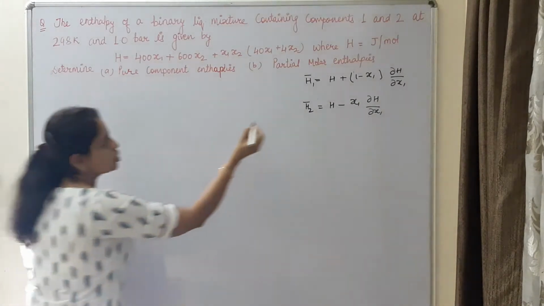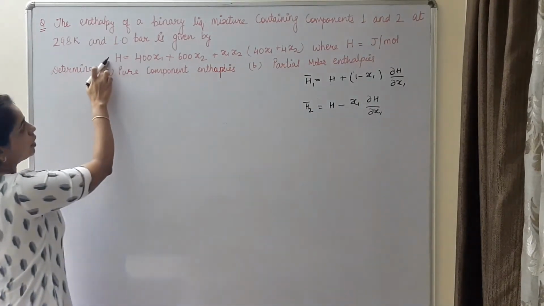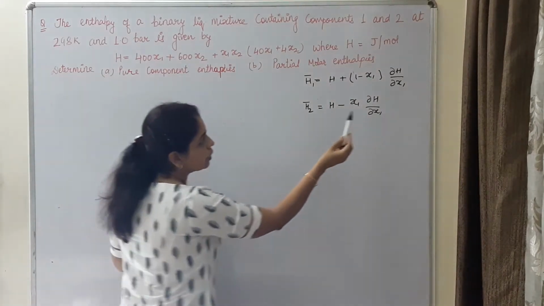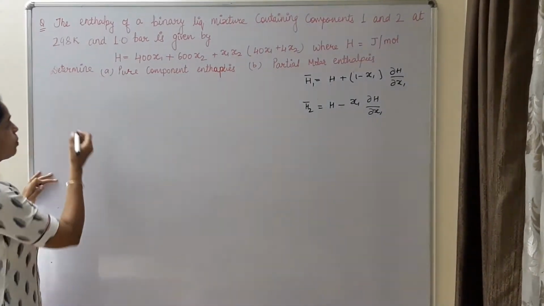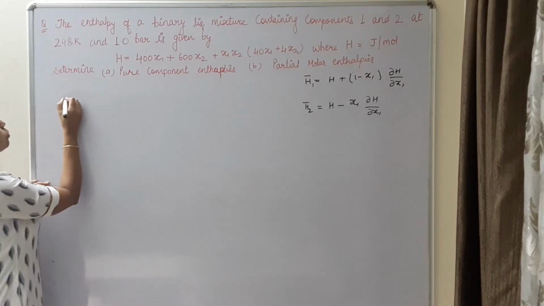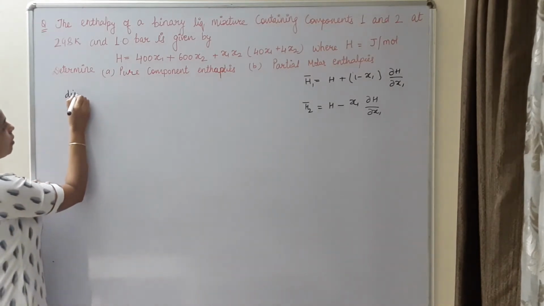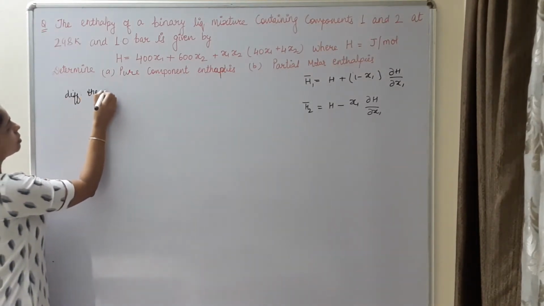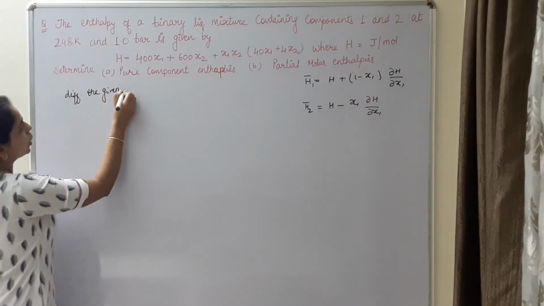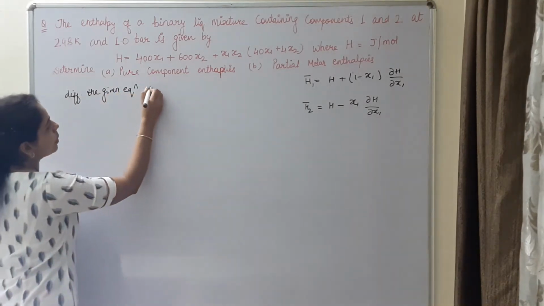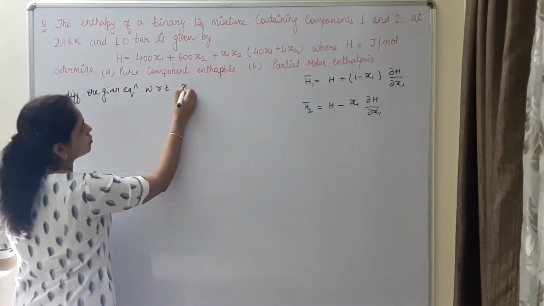First, the value of H is known, it is given to us. Then we need to find ∂H/∂x1. So differentiate the given equation with respect to x1.